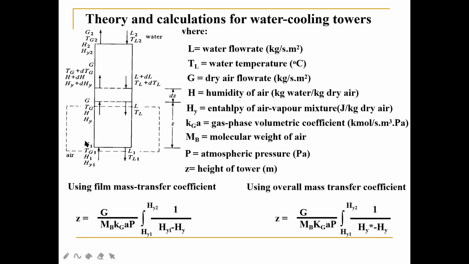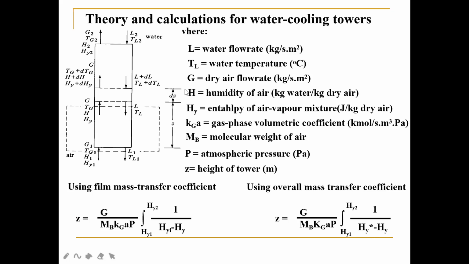G1 is the flow rate of the air, TG1 is the temperature of the air coming in, and H1, H is the humidity. HY is the enthalpy of the air and water vapor mixture. The vapor is the water vapor. So you must not confuse HY and H.